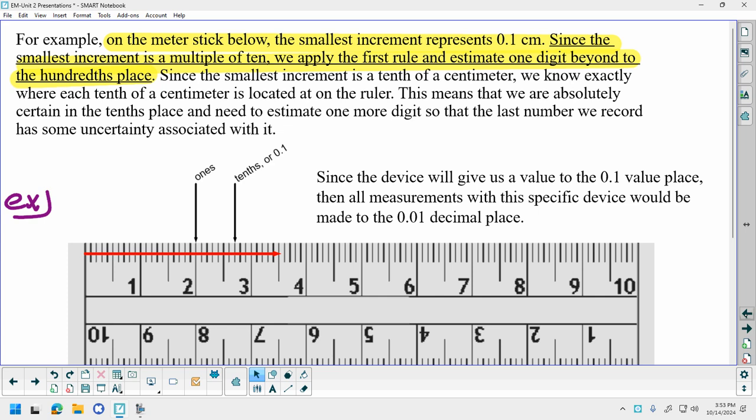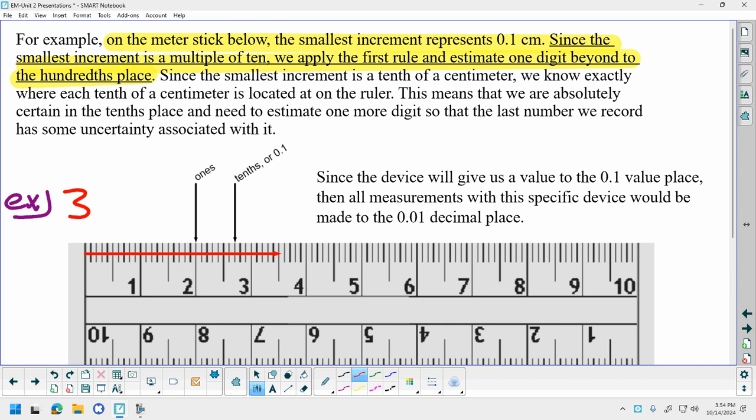So 0.1, 0.2, 0.3, all the way up to 1, and then continues on from there. Now this would be a power 10 scale. So if we were going to take the measurement of this red line that I added in, we can tell from looking at this that the red line is at least 3 centimeters, but is less than 4.